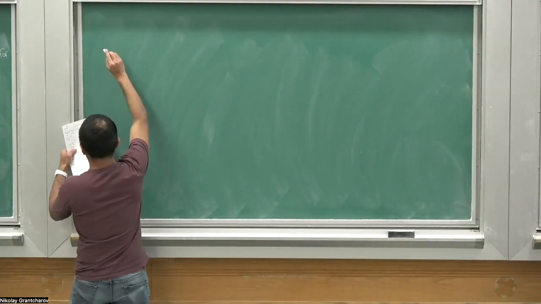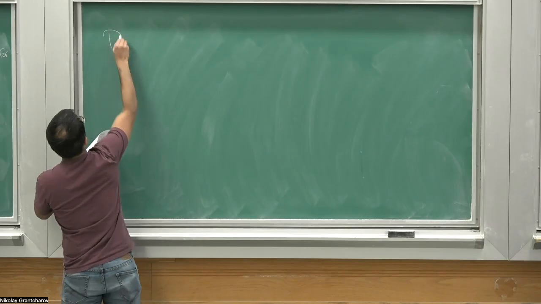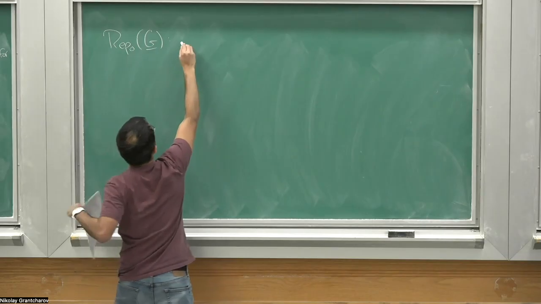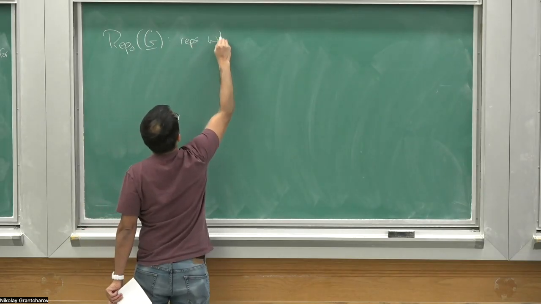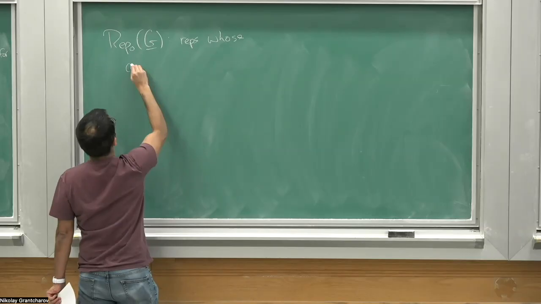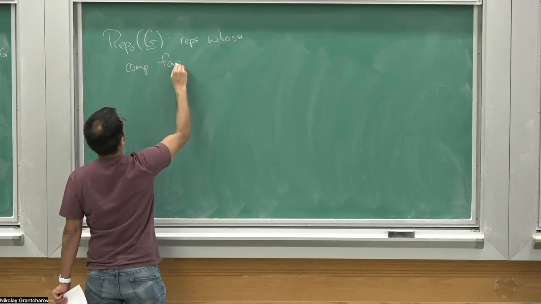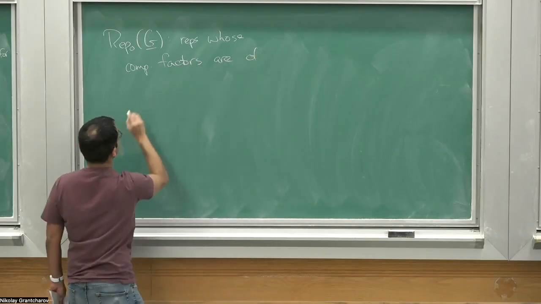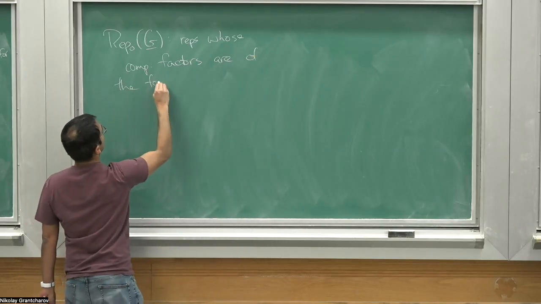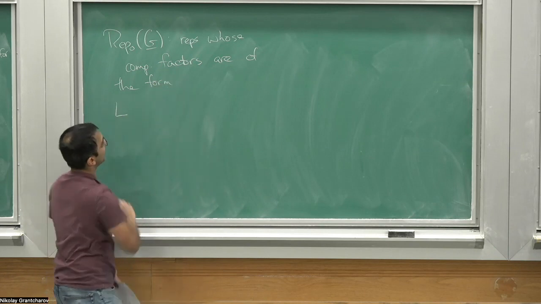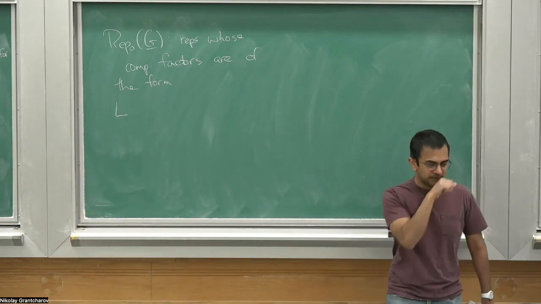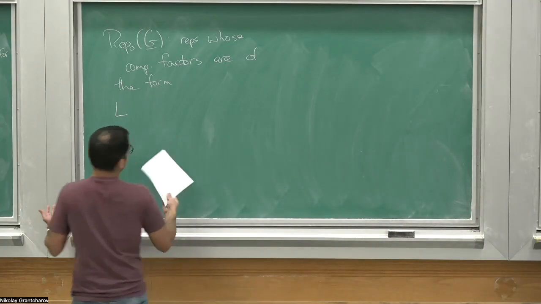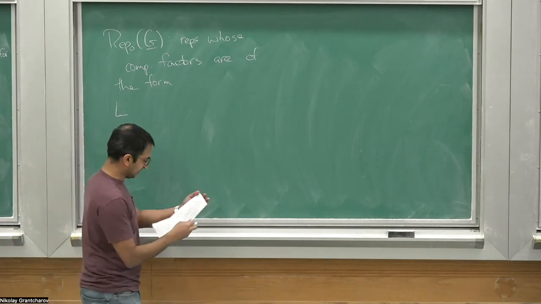Okay, so here's the definition of rep 0 G underline. It's representations whose composition factors are of the form, and I'm going to write down a formula. When I say composition factors, these are finite dimensional representations, so everything has a composition series.